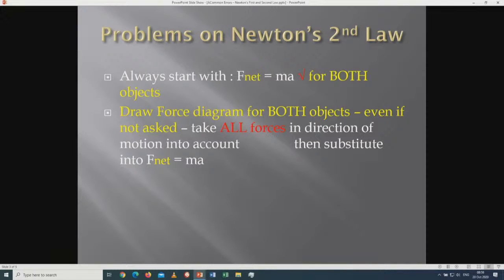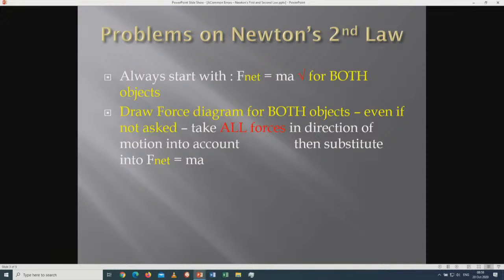Now, please, very important. Say, for instance, they don't ask you to draw a free body diagram of any one of the objects. Still, in your own rough work, you must draw the free body diagrams of all the objects, one or two objects.